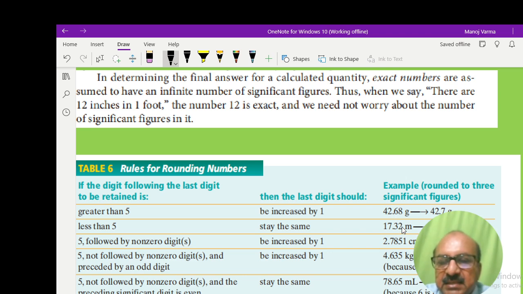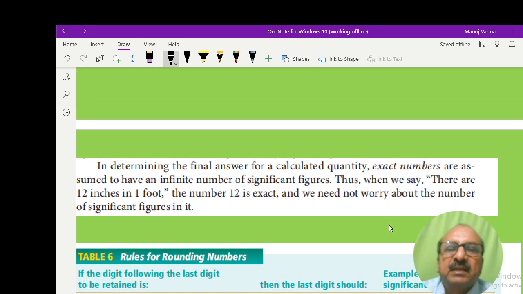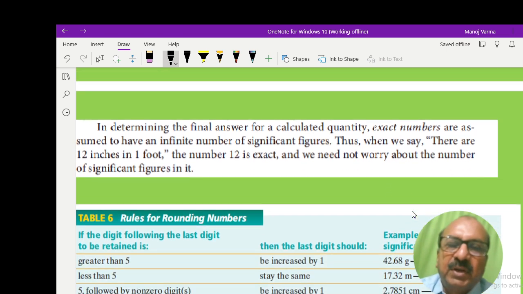But here it is less than 5, so it remains as 3. And here because once again it is 5, this also gets increased by 1, so it becomes 2.79. So this is a simple way of rounding off which you will be learning in your calculations part.